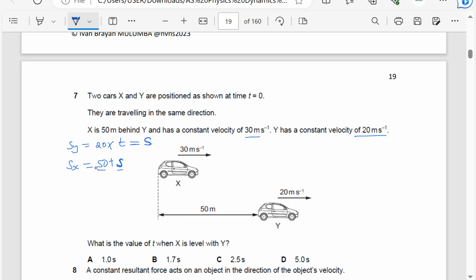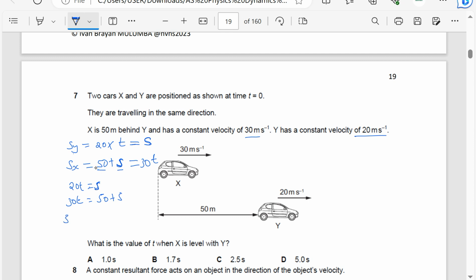When I look at these equations, a distance is speed times time. The speed is 30 and the time is t, since they will have traveled for the same time t. So I have that 20 times t equals S, and 30 times t equals 50 plus S. We have those two equations with two unknowns, so I'll put one into the other.